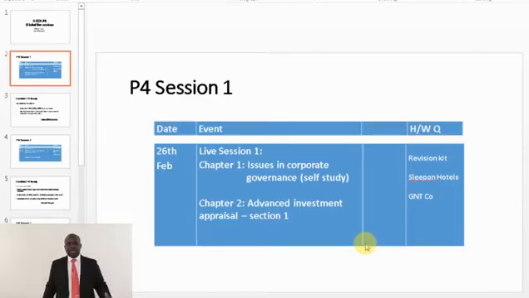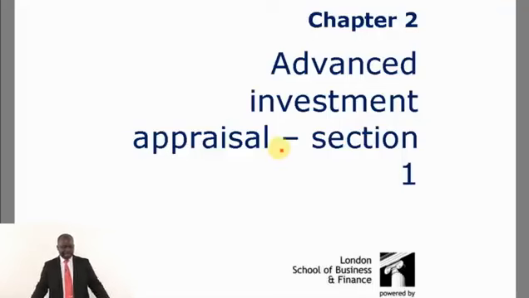So that is where I am going to start Session 1. Chapter 1 is going to be a self-study, and Chapter 2 is where we are going to start. So we pick our lecture notes, and then we start from Chapter 2, Advanced Investment Appraisal, Session 1.